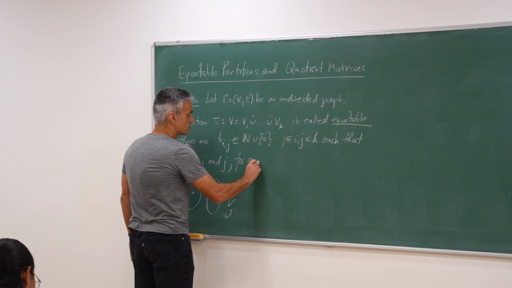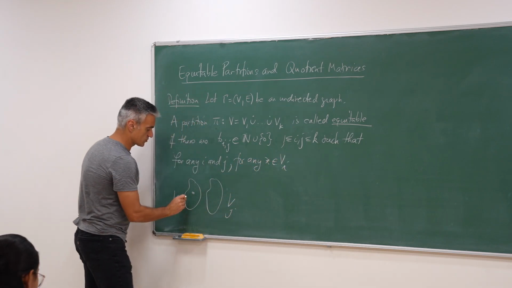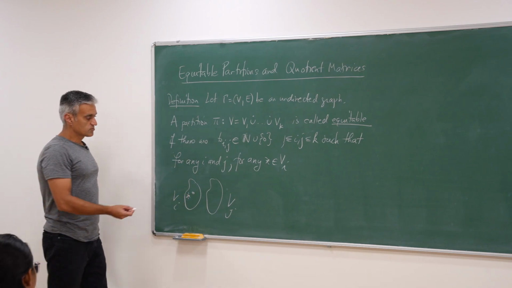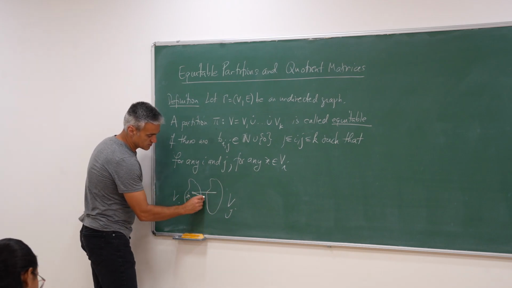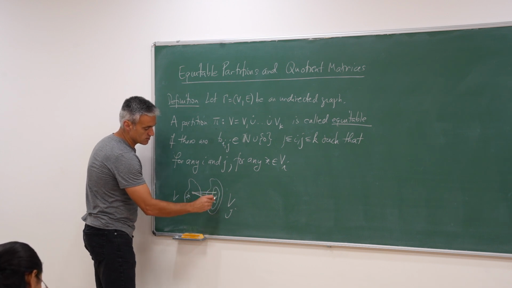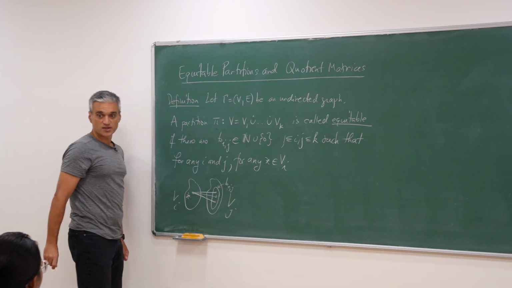For any vertex x in the part Vi, no matter what vertex I pick in the part Vi, if I count the number of neighbors of the vertex x in the part Vj, this is always going to be a constant, which is this number bij.